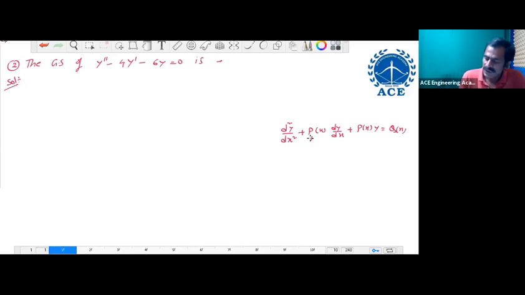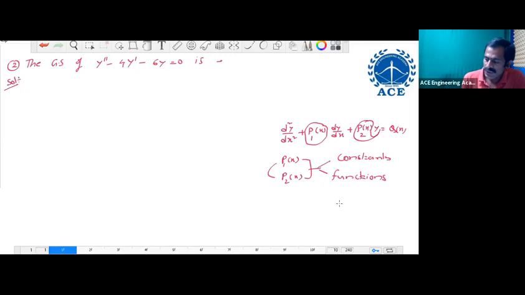P1 of x is the coefficient of the derivative, and P2 of x is the coefficient of y. These two coefficients in the differential equation may be constants or functions of x only.